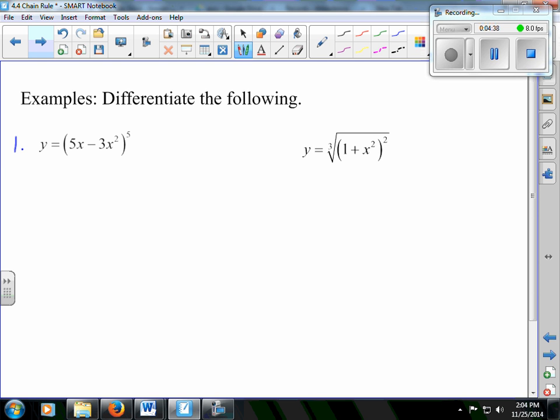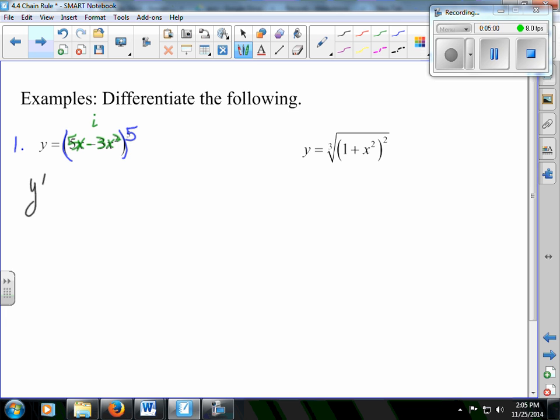It's also the operation you would get rid of first if you were solving for x. So the outside here is to the 5th power, whereas the inside is the 5x minus 3x squared. So this is my inside, and my outside is to the 5th power.